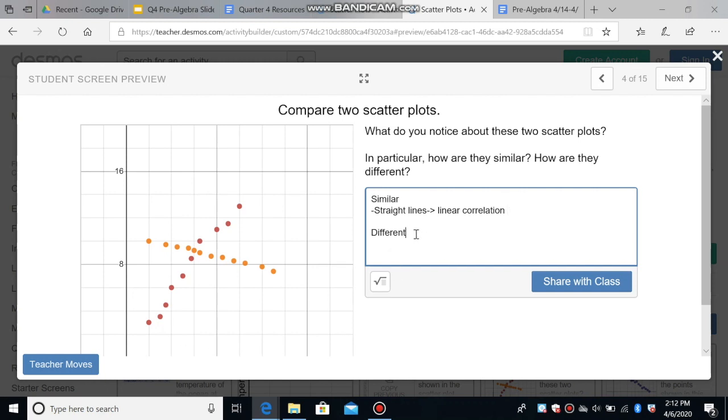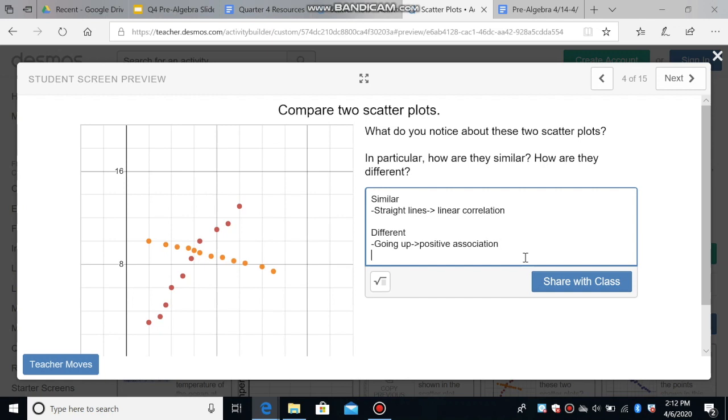When I look at how they are different, I notice that this red scatter plot, its line looks like it's going up. And once again, a more mathematically correct way to say that would be it has a positive association or an increase.